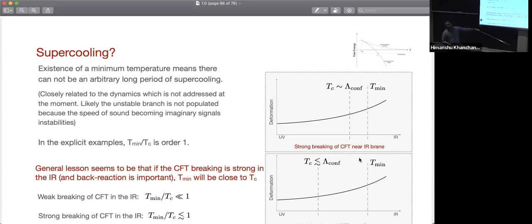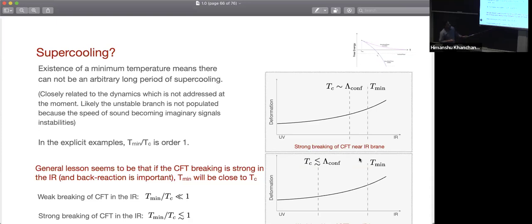There's no parametric separation. The general lesson that we're getting from this work is that if the CFT breaking is strong in the infrared, so back reaction is important, then T minimum will be very close to T critical. So all these examples that people have studied, done to have theoretical control over the calculation, it was a pathological thing: because of wanting to write down a simple model, you found that there is no T minimum.